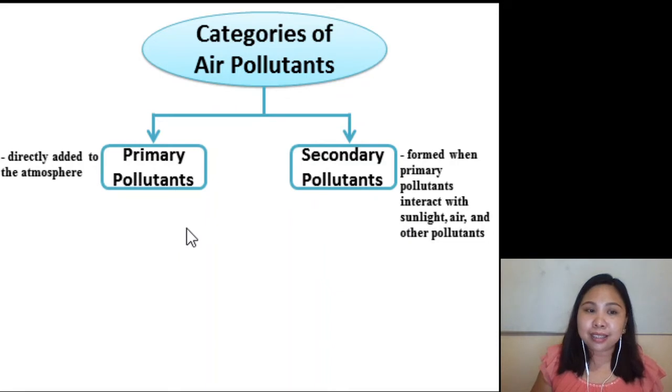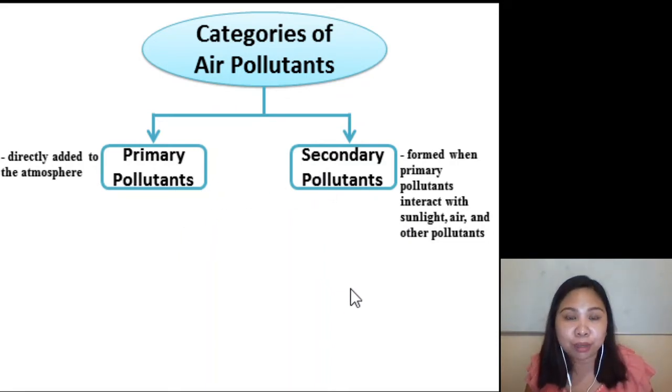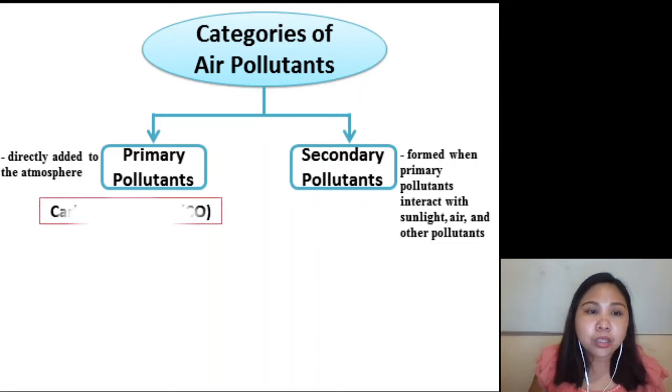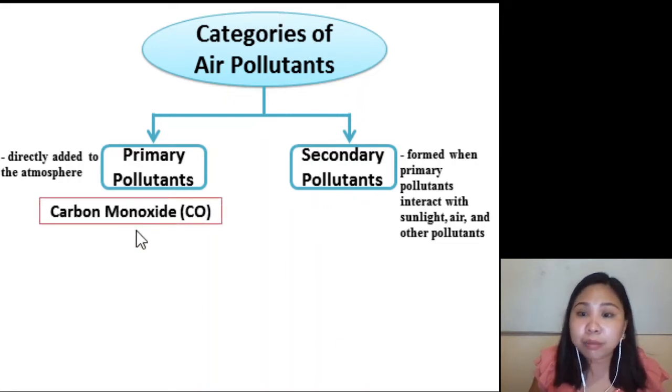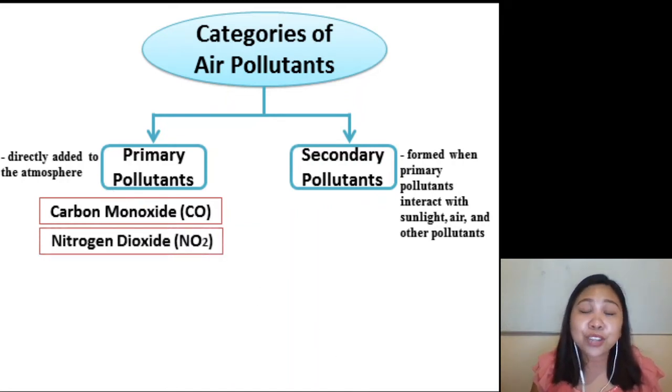Let us discuss what is included in the primary and secondary pollutants. First is carbon monoxide, which is considered a primary pollutant. Another example of a primary pollutant is nitrogen dioxide.